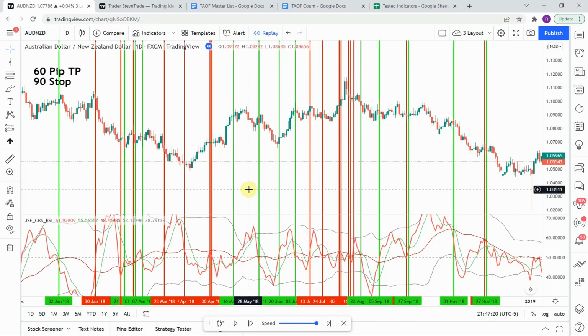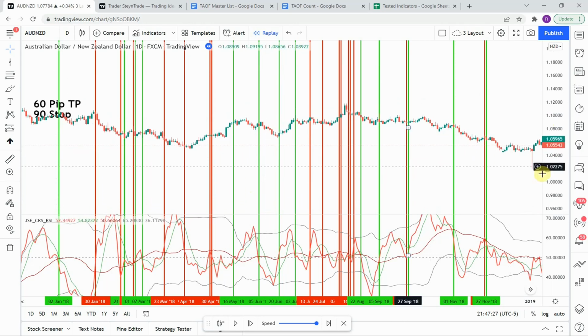Yeah, this one was interesting, but the nature of it is that it is rather delayed. And because it is rather delayed, it seemed like there were moments where it was giving a signal to go in one direction right as price action was switching direction and heading in the opposite.